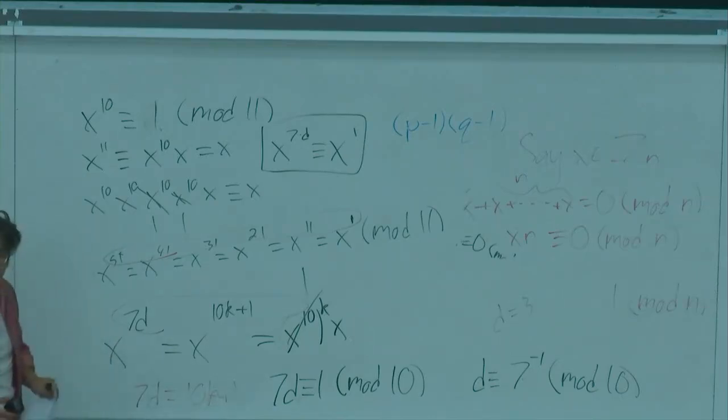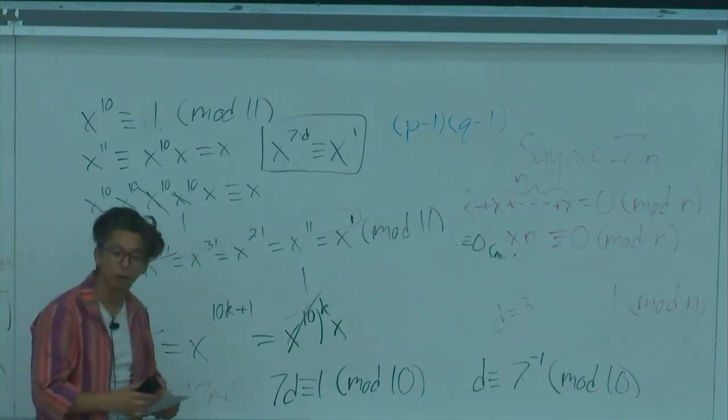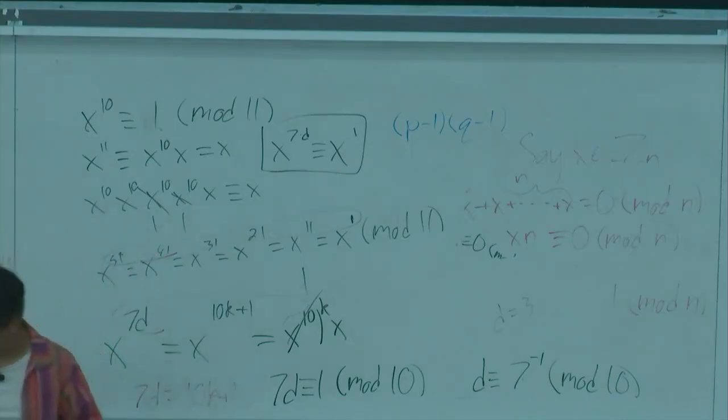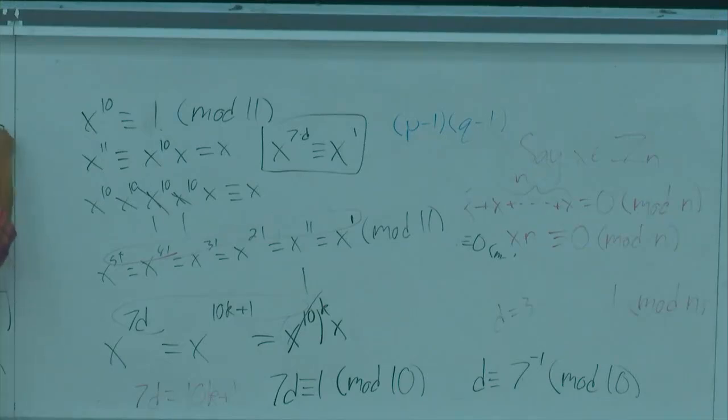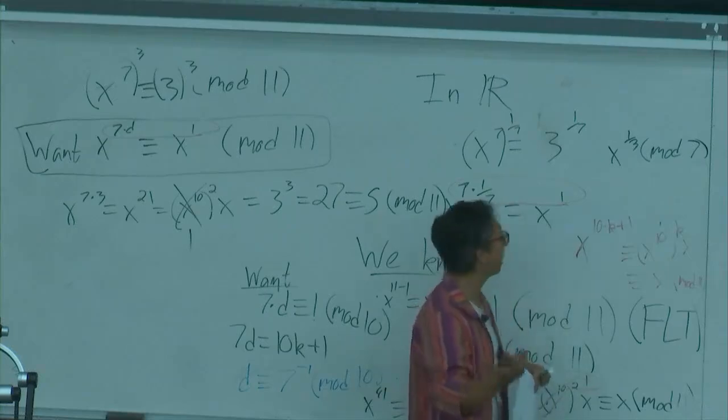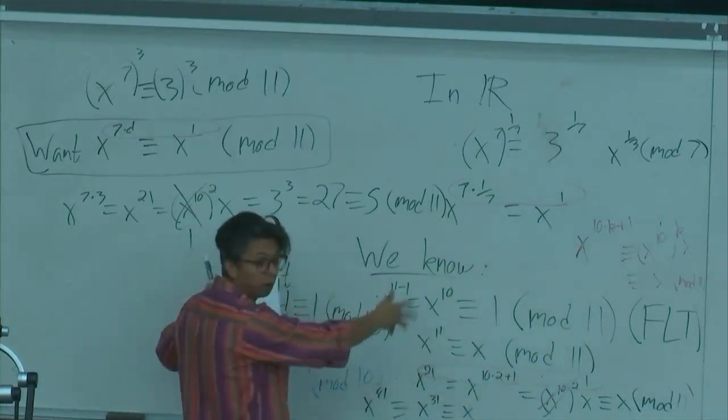Was there a hand there? Yeah. X and e should all be integers? Yes, x and e and d are all integers. What does it mean to take x to the 1/3 if we're in mod 7? We'd have to define that, and the way I would start defining that would be with all of this stuff, honestly.